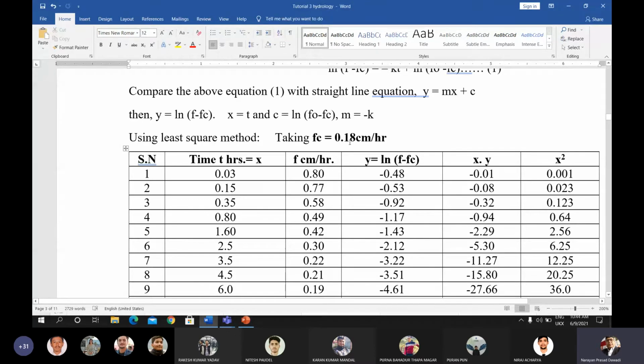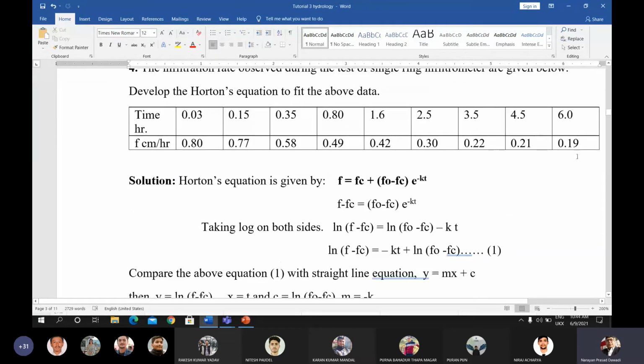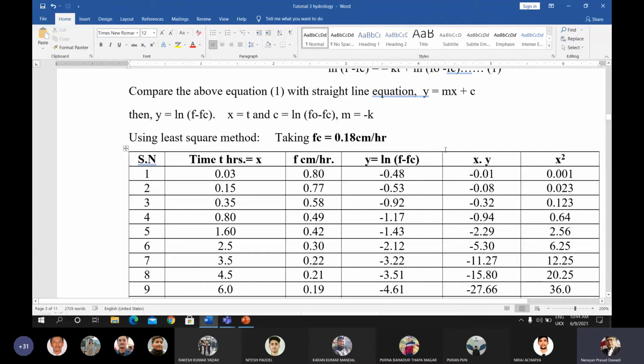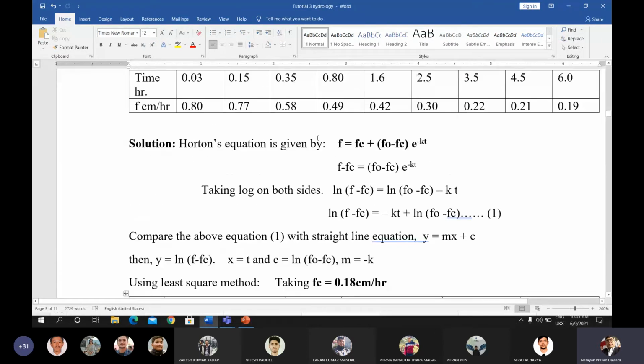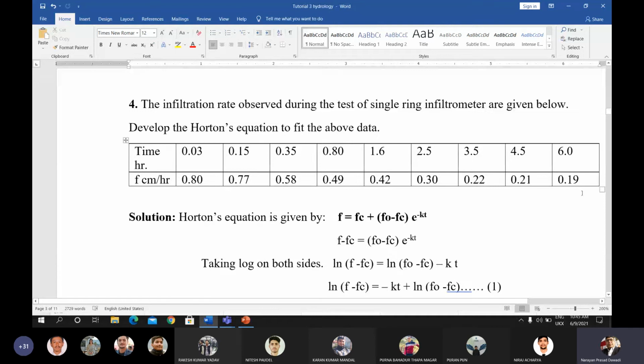Now if we take the constant rate of infiltration as just less than 0.19 centimeter per hour, as 0.18 centimeter per hour, it is because I don't know whether this 0.19 is the constant rate of infiltration or not.